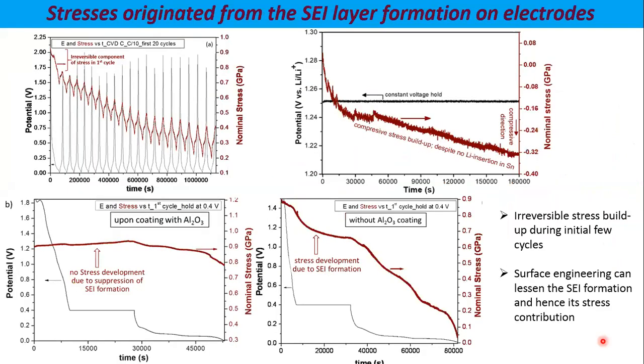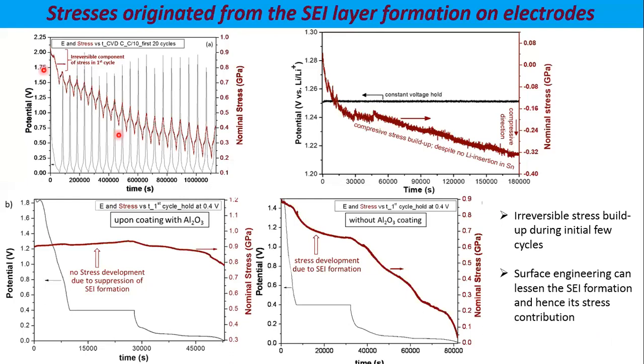So as I told, when your electrode comes in contact with the electrolyte, the electrolyte gets reduced on the surface of the electrode material. The reduction of this electrolyte and formation of a passivation layer on the surface of the electrode also creates a huge stress in the electrode.